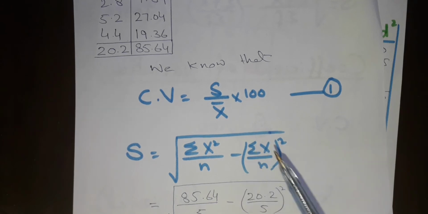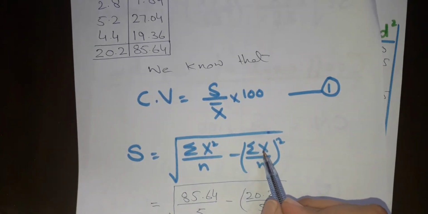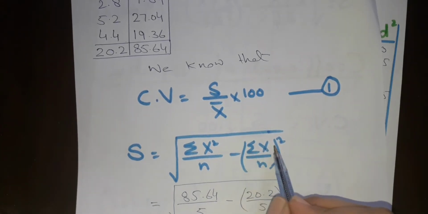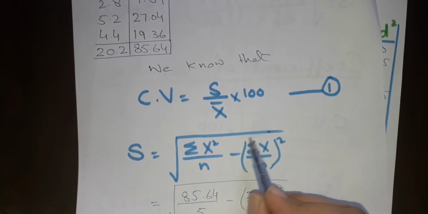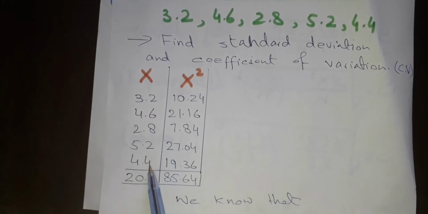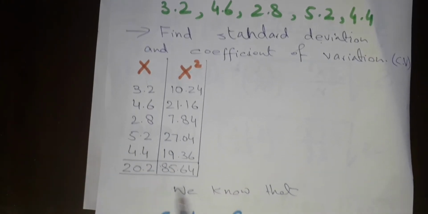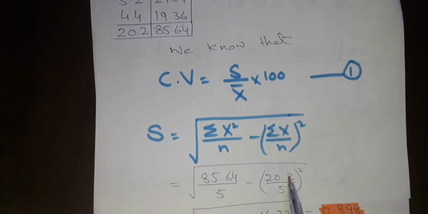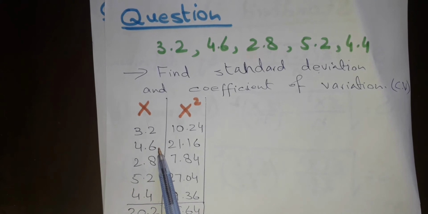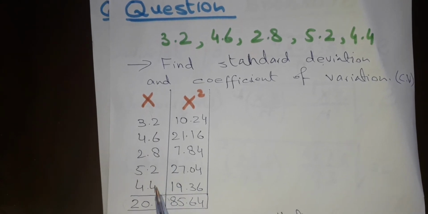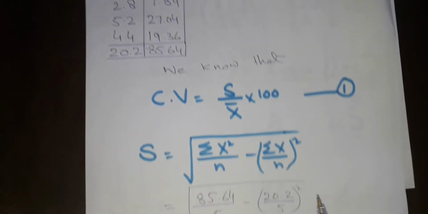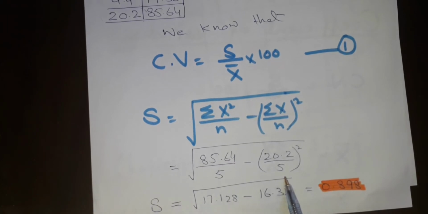We need summation X. Sum all these values and we get the result for summation X here. Put this one here. And what is N? Count the values: 1, 2, 3, 4, 5. These are 5 values. Put 5 here.